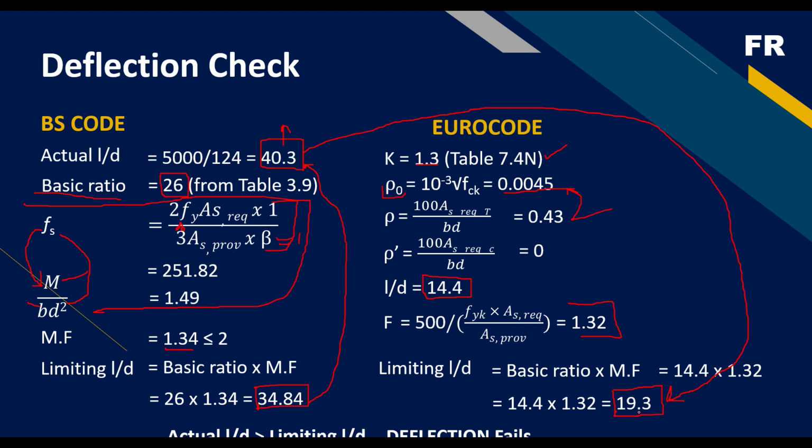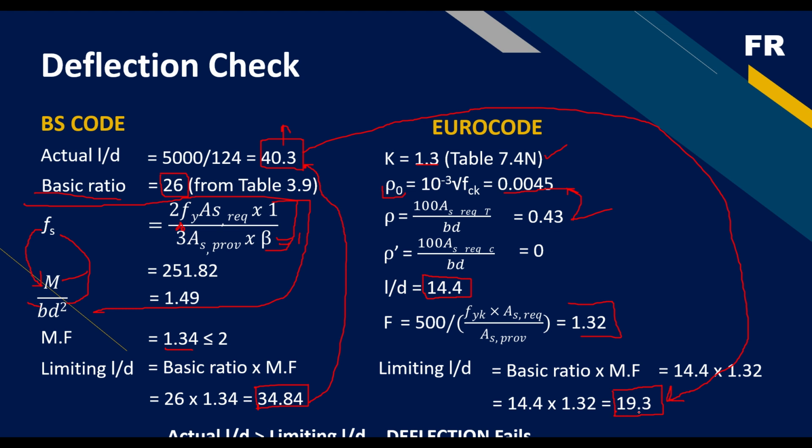Either you provide a slab thickness of 150 and reinforcement at a spacing of maybe T12 at 125, or you go for a thickness of 175 or 200 and T12 at 200. Which one do you think is more economical?